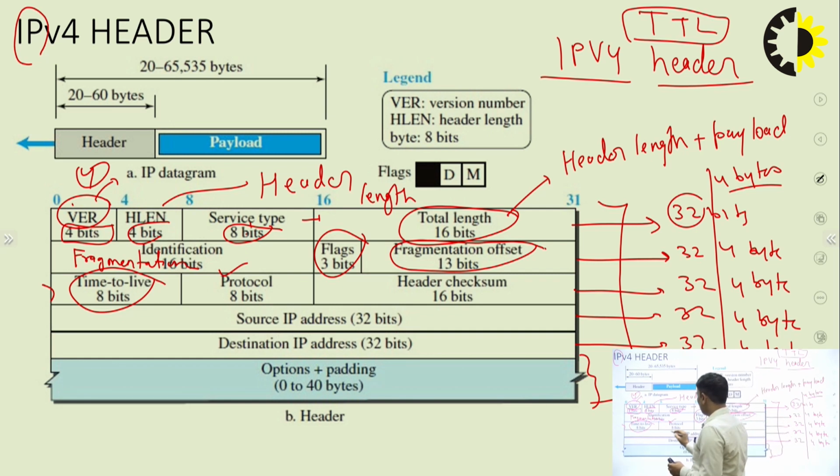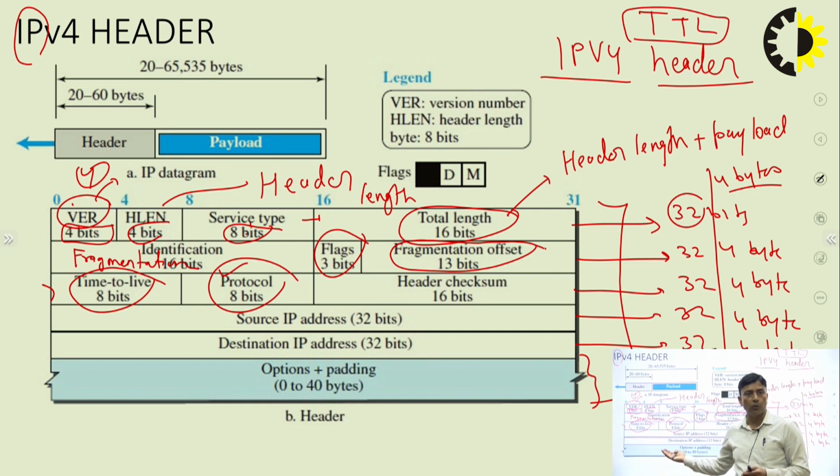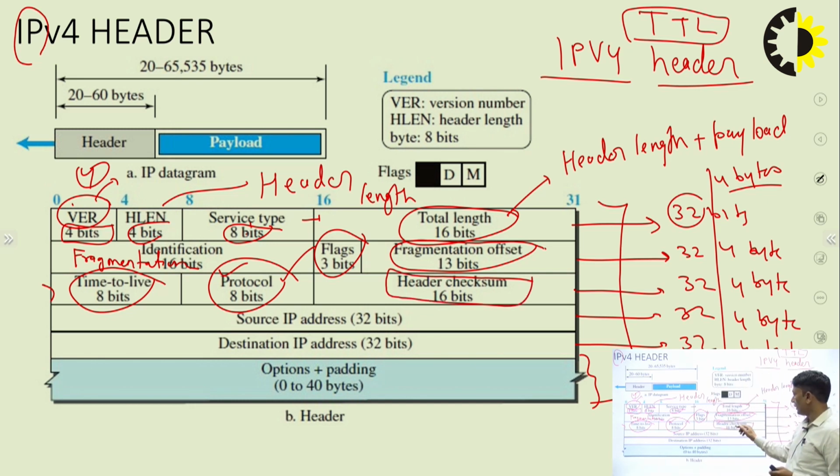So time to live, then protocol. The next 8 bit is the protocol. Which type of protocol is this? Like ICMP, IGMP. So different types of protocol are specified by this field. Then in the third row, the last 16 bit is for the header checksum.